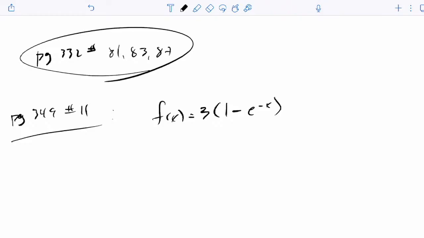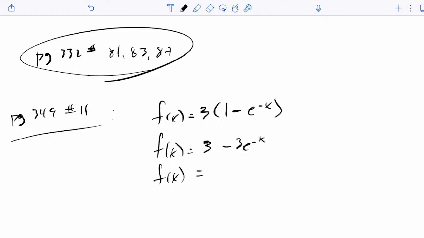Okay, sorry for assigning that. So the idea with this one is it's just a basic transformation. This is just 3 minus 3 e to the negative x. It's just written a bit weird.